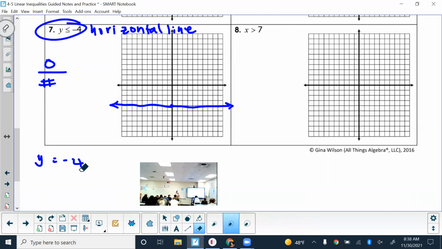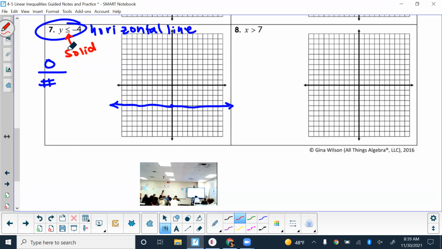All right, now I drew the line solid. Is it supposed to be solid? Yes, because if you look at the sign, it has that equal to part in there. So that means it's supposed to be a solid line. Now we need to figure out whether it's shaded above or below. So look at the sign. Y less than or equal to. Is it shaded above or below? Below.